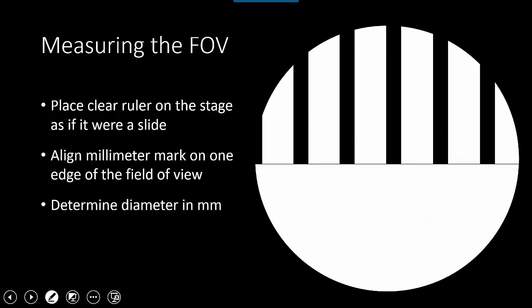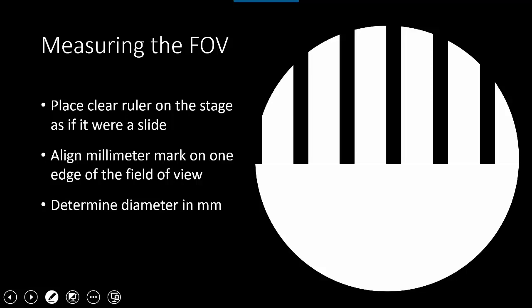To measure the field of view on the scanning objective, place a clear metric ruler across the center of the condenser lens, as if it were a slide. Then, look through the oculars and line up the center of a millimeter mark on one edge of the field of view. This is where the inverted image becomes a problem. Moving the ruler short-circuits your brain a little bit. Left is right and up is down. Take your time and line up the ruler carefully.